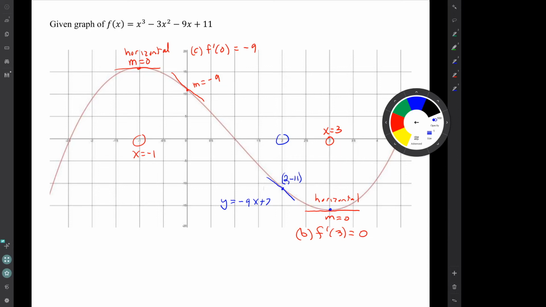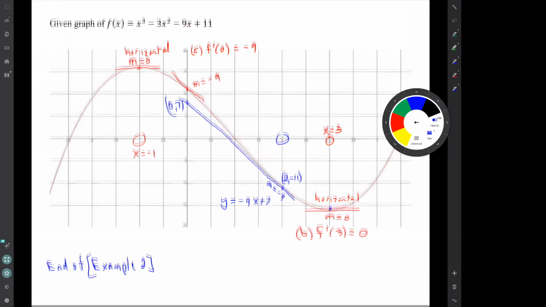For one thing, we know its slope, we might as well label that, and we know its y-intercept. Its y-intercept is going to be at the point 0, 7. So that blue line is the line that's tangent to the graph of f at x equals 2. That's the end of example 2. Let's go on to the next example.